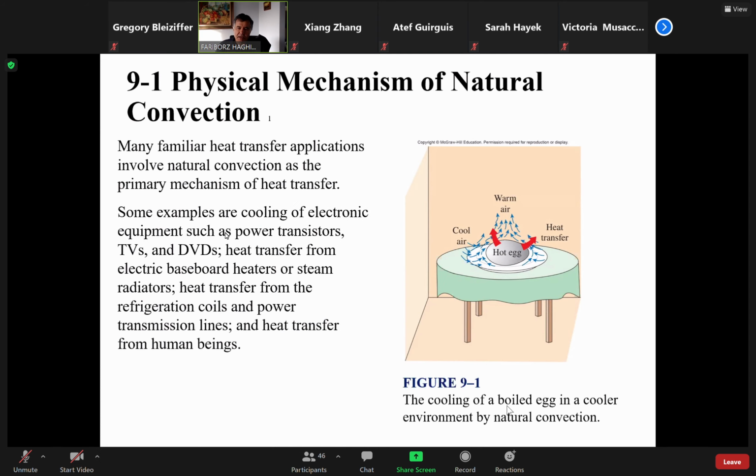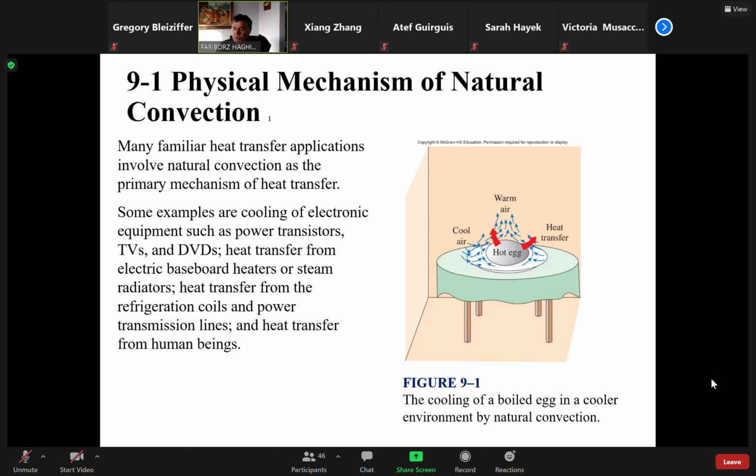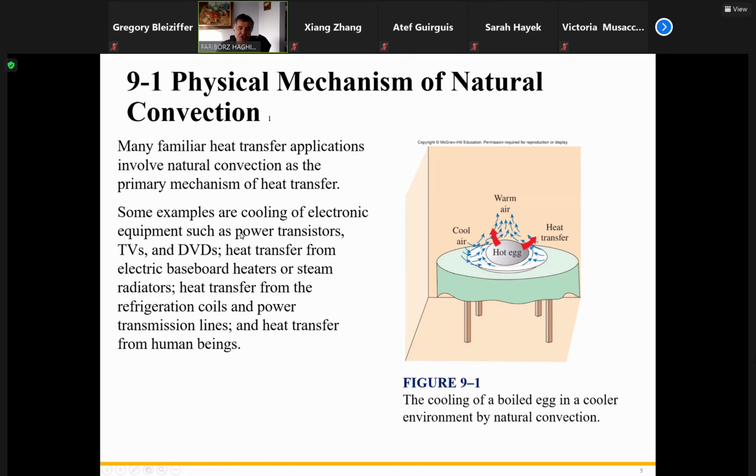Here we're looking at another example that we use all the time. If you look at your computer, there is a lot of heat generation inside, and that heat is dissipated by natural convection. There is no fan inside. The same goes for your TV. These days all of these are cooled down by natural convection.